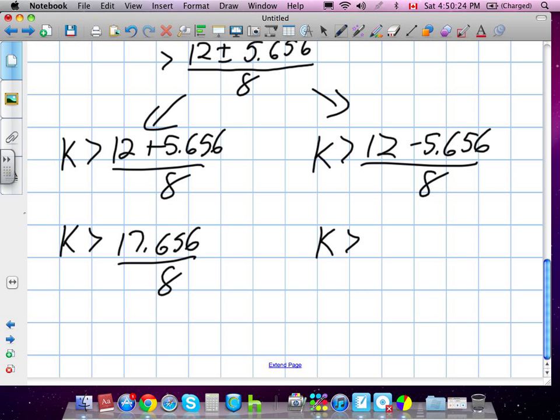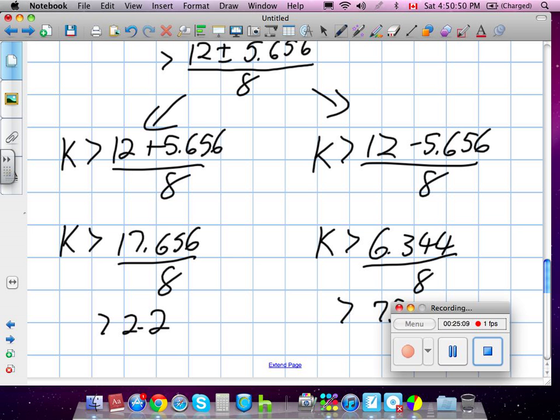This will be 12 subtract 5.656, which gives us 6.344, divided by 8. That's 2.2, and our other one, 0.79.